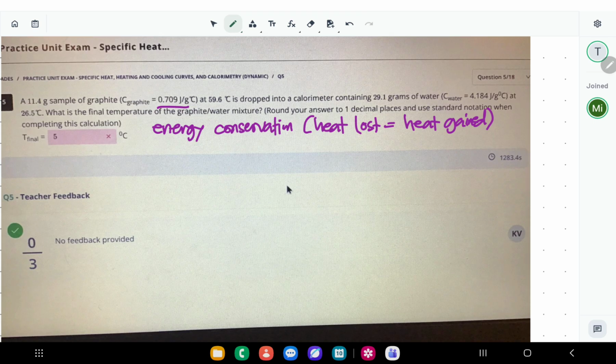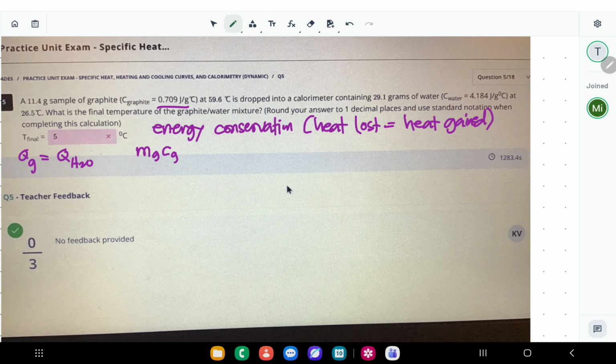So graphite and water, we just equate them. So Q of graphite is equal to the Q of water.